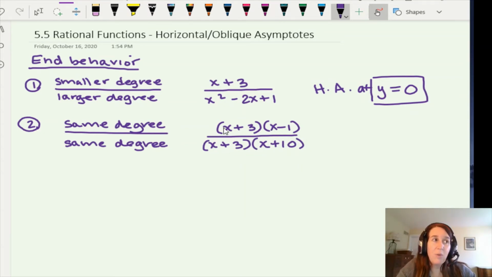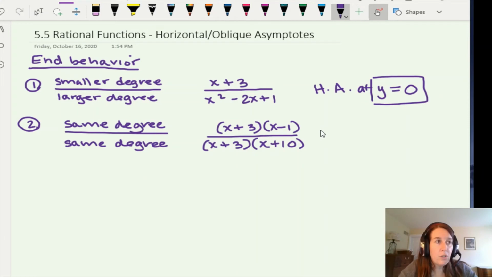You might be thinking, well, I definitely noticed x plus 3 over x plus 3 could be reduced out, or canceled. That's true, and notice that it's still the same degree on the top and the bottom. So this would be degree 1 over degree 1 then, and that's still okay.